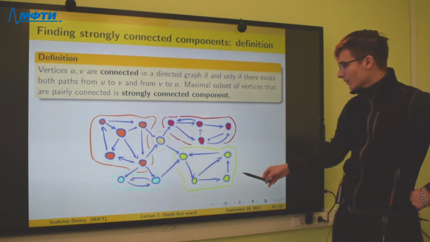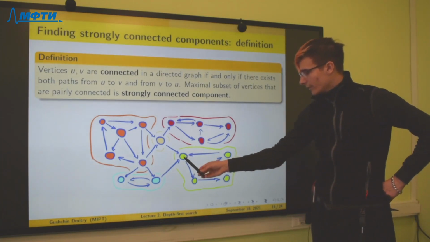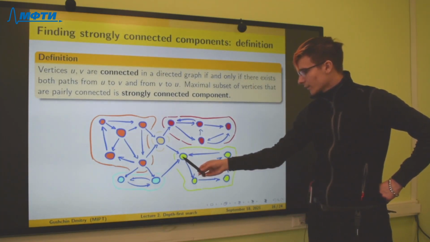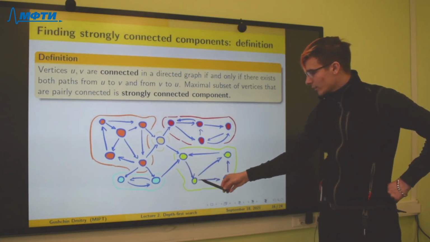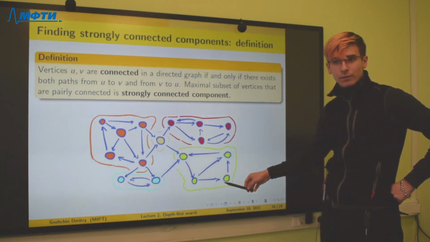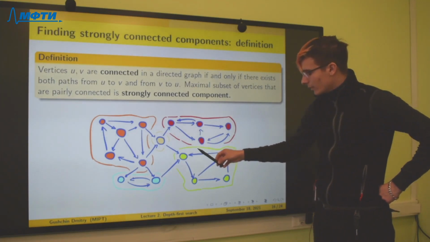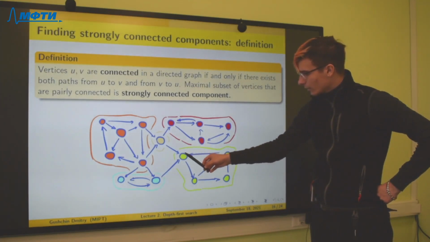For example, if it is vertex A and vertex B, then we have a directed path from A to B, and a directed path from B to A.